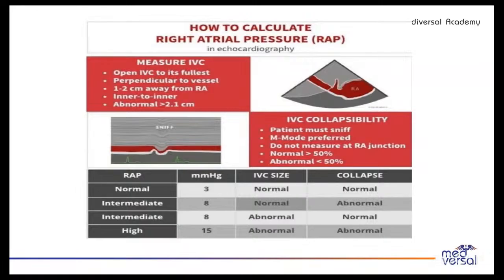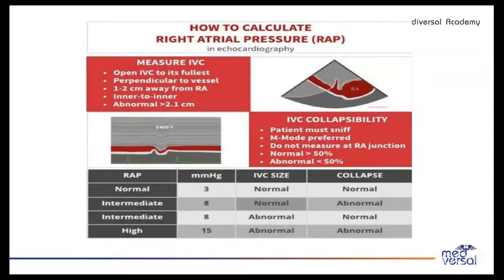See here, open the IVC to the fullest, perpendicular to the vessel, and apply M mode. You have to measure the inner to inner diameter, and ask the patient to sniff. Generally, for measurement of IVC, M mode is preferred.